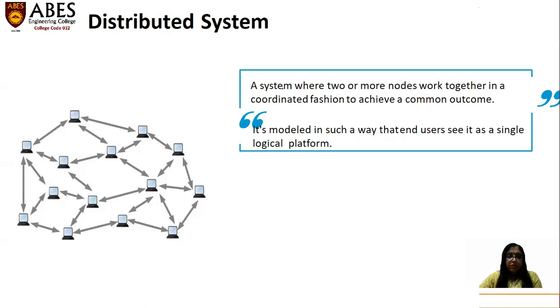So a distributed system is a system where two or more nodes work together in a coordinated fashion to achieve a common outcome. It is a model in such a way that end users see it as a single logical platform. If these are the different nodes in one network, all nodes work to complete the transactions, all nodes give their consensus for a particular transaction, and all nodes take part in that system and do the transactions and record keeping.